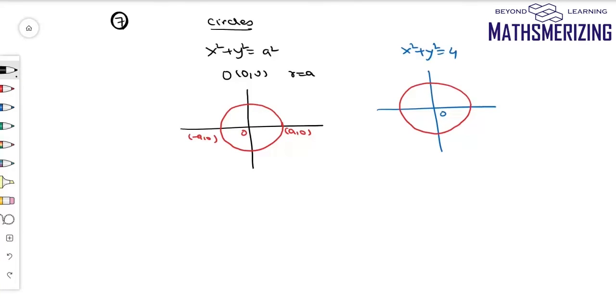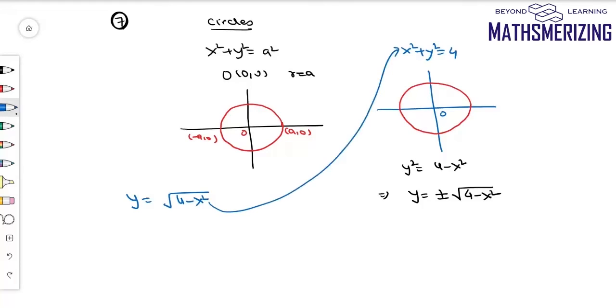Now what if I write this equation as y square equals 4 minus x square, or I can write y equals plus or minus under root of 4 minus x square. Suppose someone says draw the graph of this function y equals under root of 4 minus x square. Now if I square this function, I'll get the same circle, but because it's a positive sign here, that means it will represent that part of the circle which lies above the x-axis.